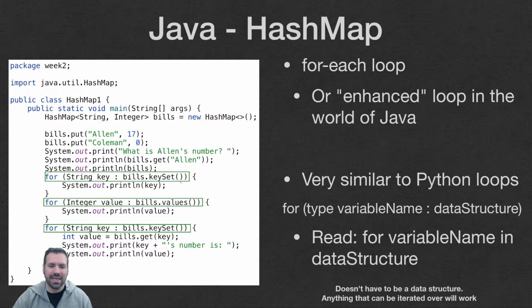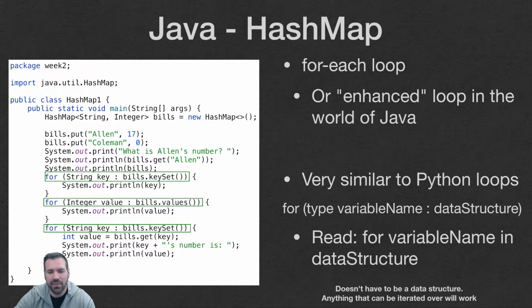So if we get the key set, we're asking this hash map, hey, give me a data structure with only your keys in it. We can iterate over those keys, which are strings for this hash map. Or we can say, hey, hash map, give me a data structure containing only your values, and then iterate over all those values, which would be integers in this case.